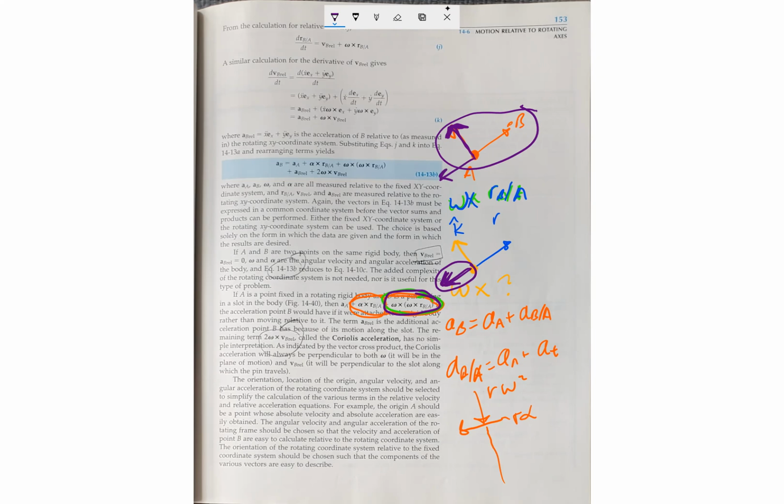Okay, but they add up. They may have different magnitudes and things like that. All right, so hopefully mathematically you're seeing that the acceleration of the rotation causes these two terms, and the object accelerating inside the rotating object gives the other two terms.